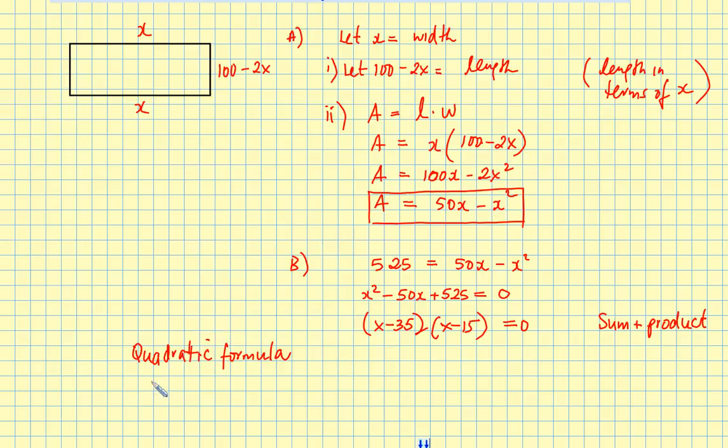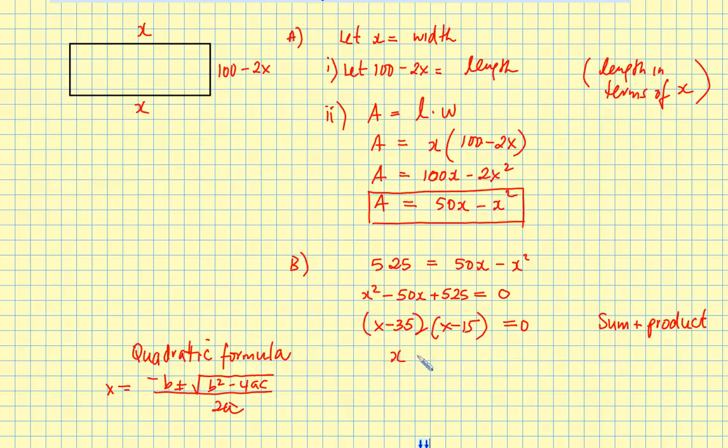But you could use the quadratic formula, negative b plus or minus the square root of b squared minus 4ac, all divided by 2a, to figure out what your x values are going to be.